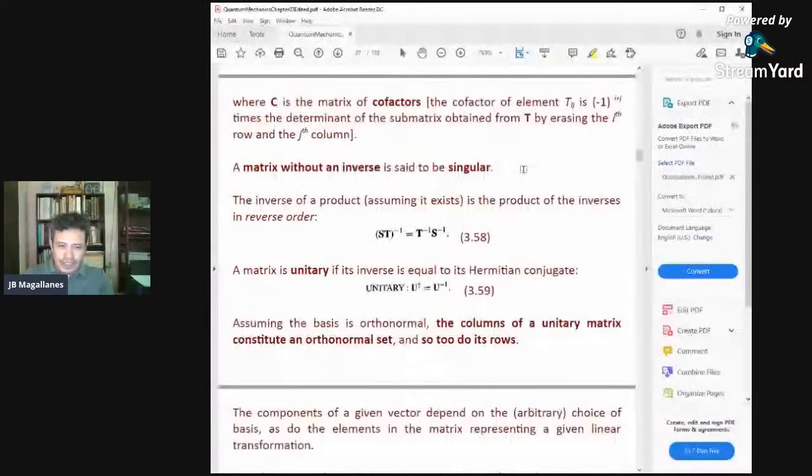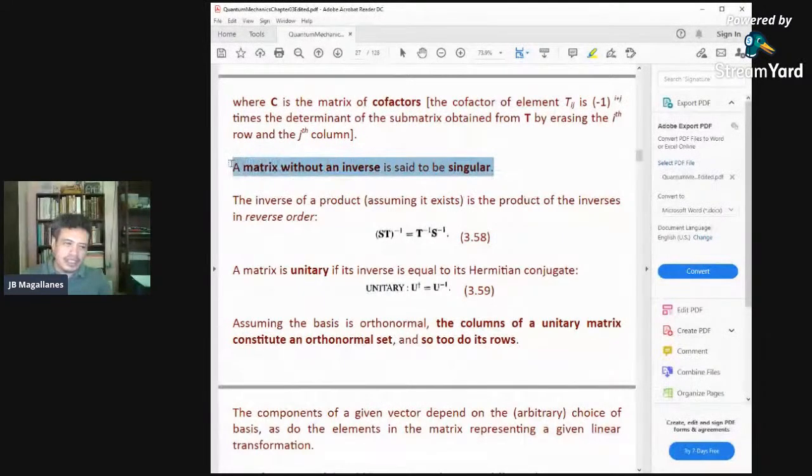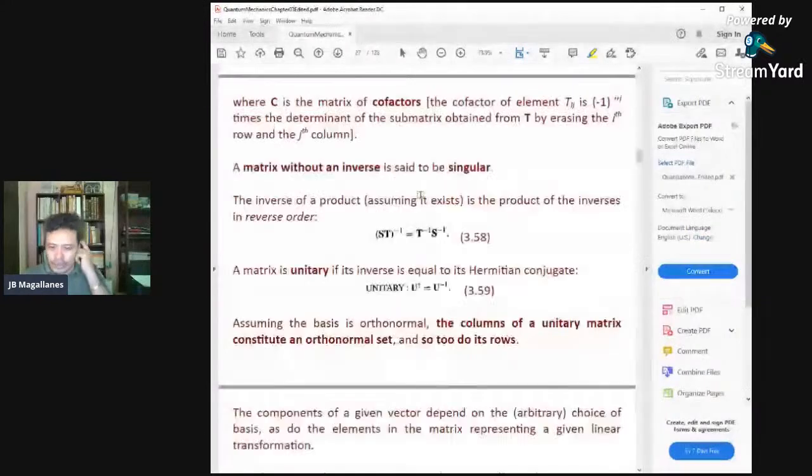A matrix without an inverse is said to be a singular matrix. Another thing to note about matrices is that if you get the inverse of the product of two matrices, then it is just equal to the product of the inverses, but the order is changed.